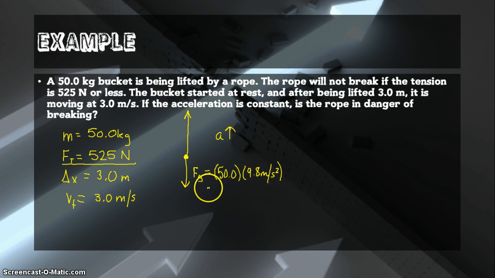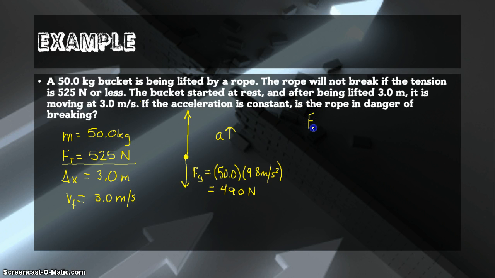And that is going to give us 490 newtons. So we know the weight of the bucket now is 490 newtons. So what we need to find is whether the upward tension is going to equal 525 or greater.